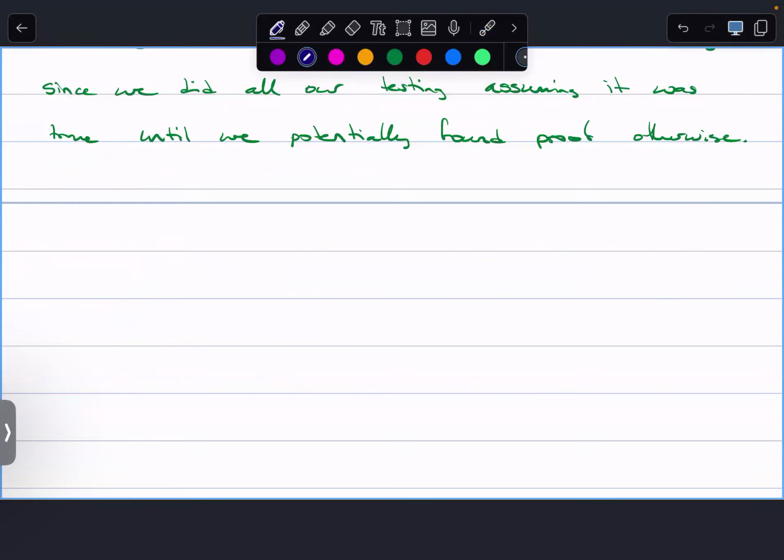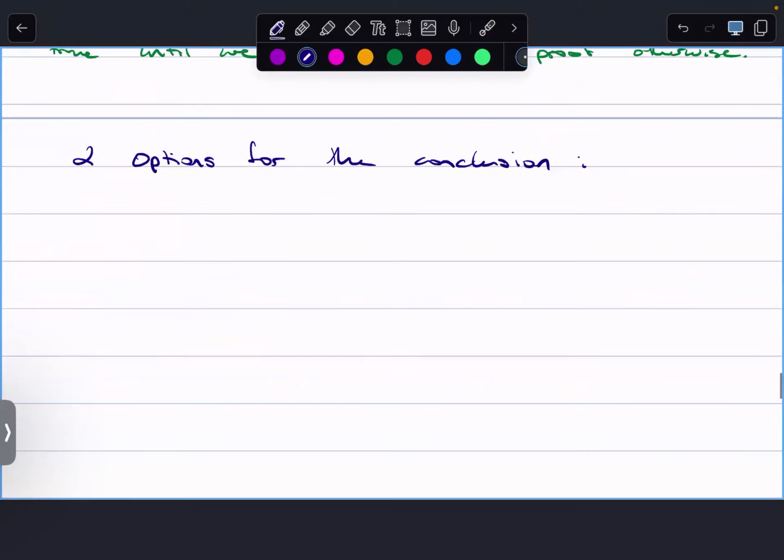The two options for the conclusion are these. One, since the p-value, you're going to show off that you know what it is, and here I'll put 1 or 2-sided p-value.